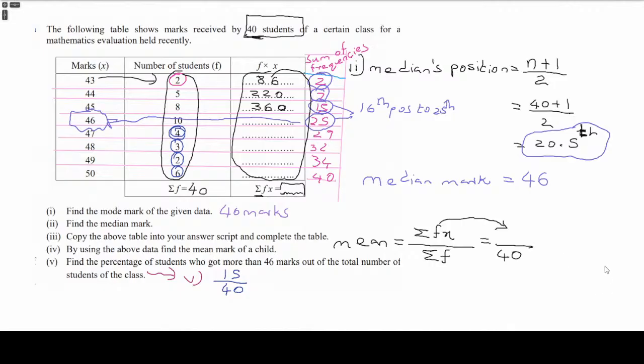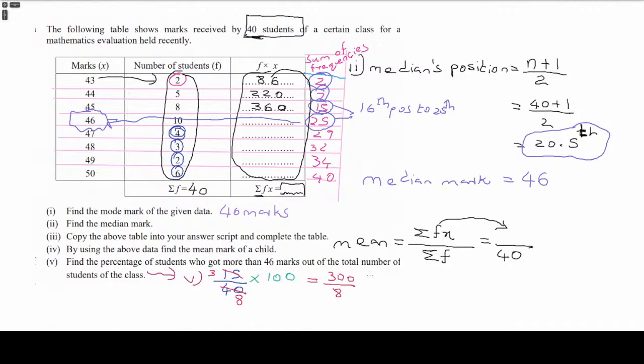So that's the fraction. How do we convert it to a percentage? Multiply by 100. So then how do we do this? Well, we can cancel. 15 has 3 5s, 40 has 8. So 3 times 100 is 300. Divide by 8.